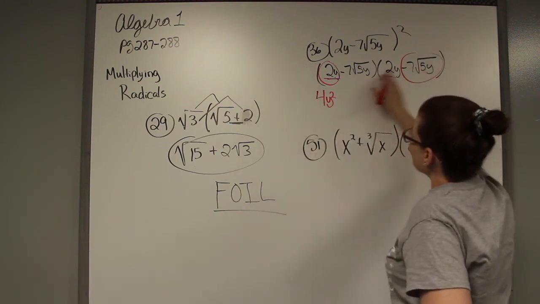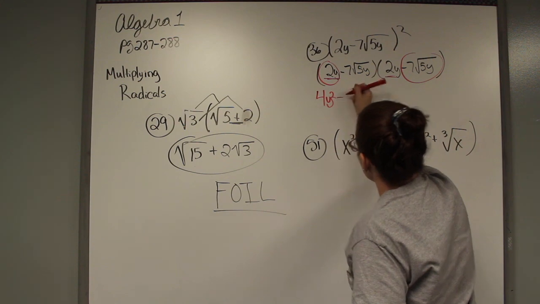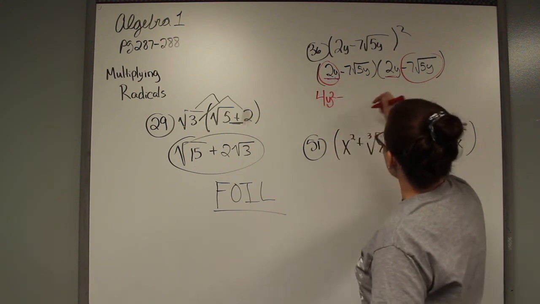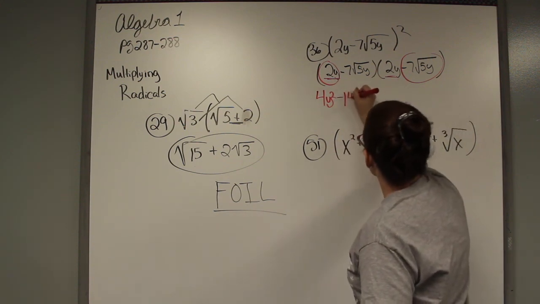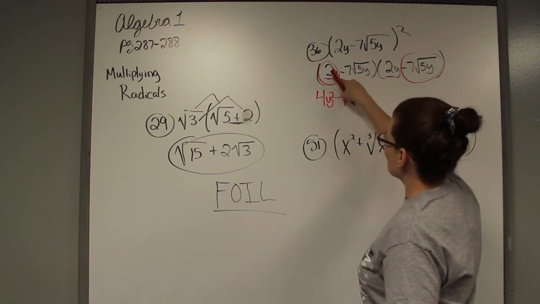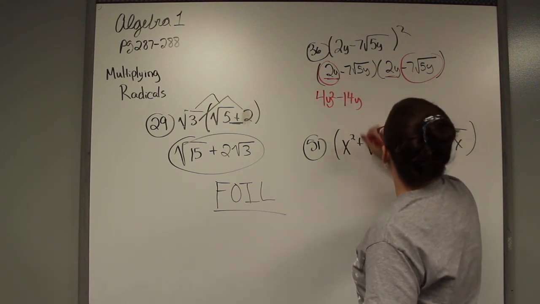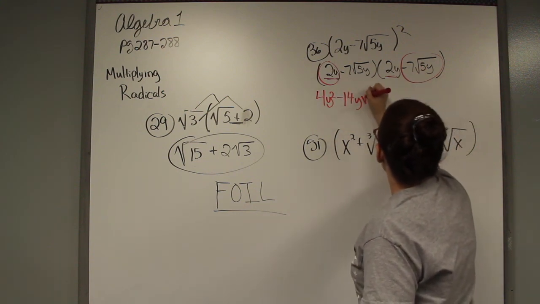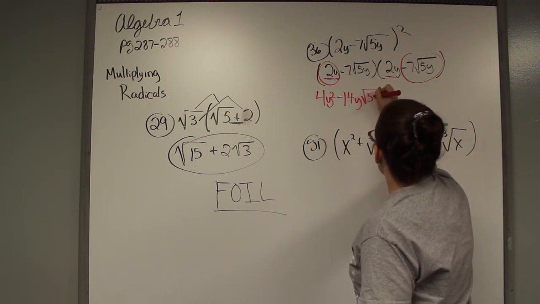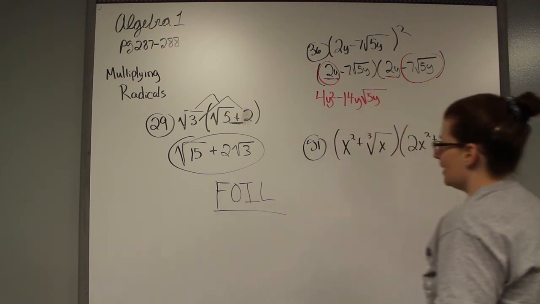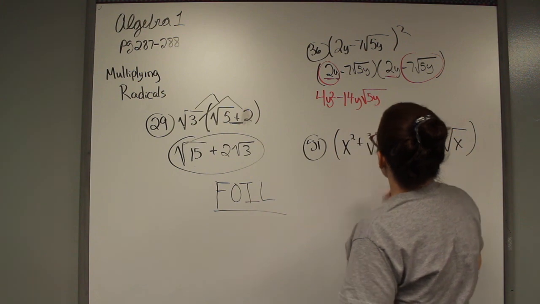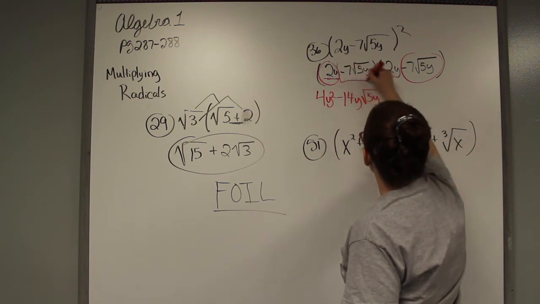That's negative and that's positive, so this has to be negative. 2 times 7 is 14. There is no y here, but there's a y here, so we have to bring it along. And then we still have radical 5y. Okay? The I stands for the inside, which would be this one.